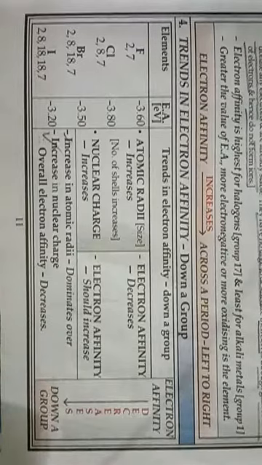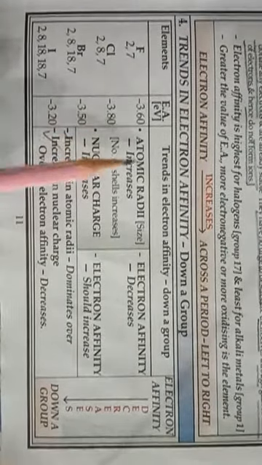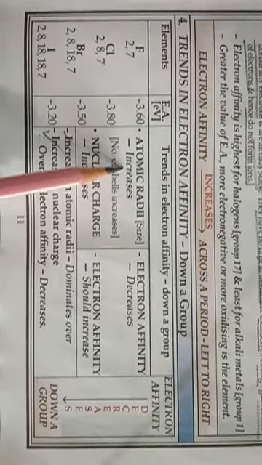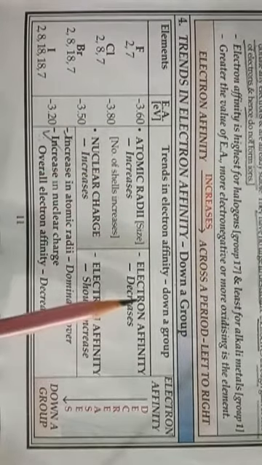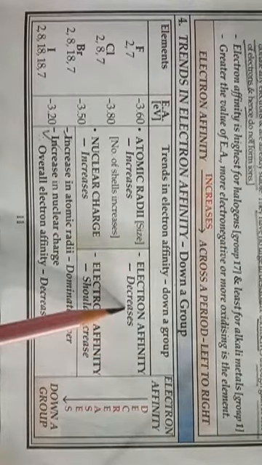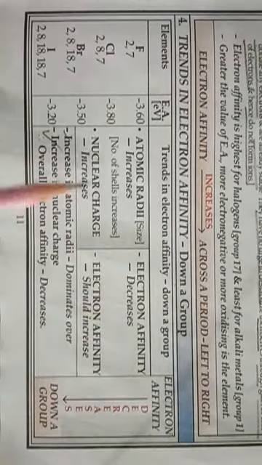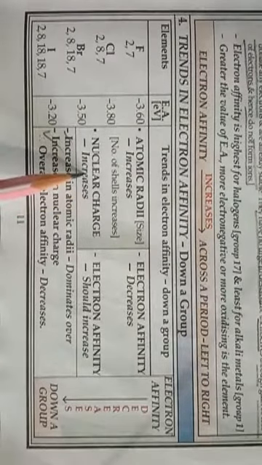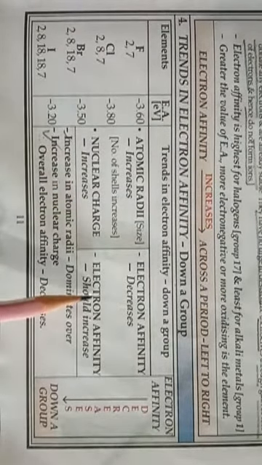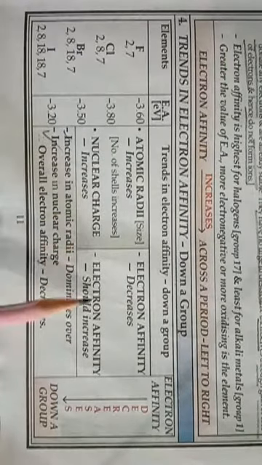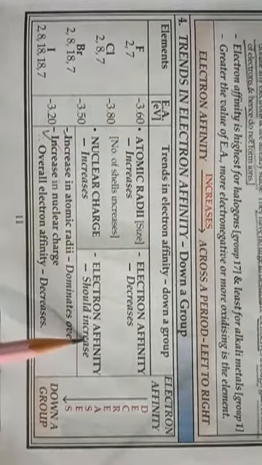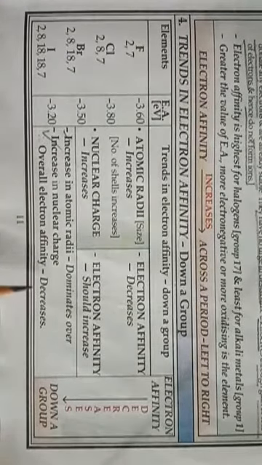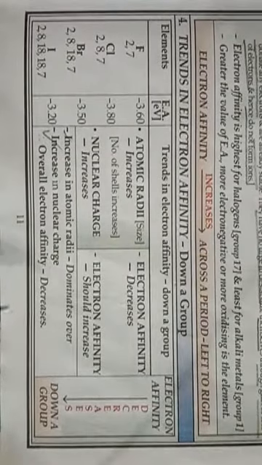Okay, electron affinity decreases. In a group from up to down, atomic radii increase, and due to the increase in atomic radii, electron affinity decreases. The second point, nuclear charge increases from up to down in a group, and on the basis of increase in nuclear charge electron affinity should increase, but overall electron affinity decreases from up to down in the group.